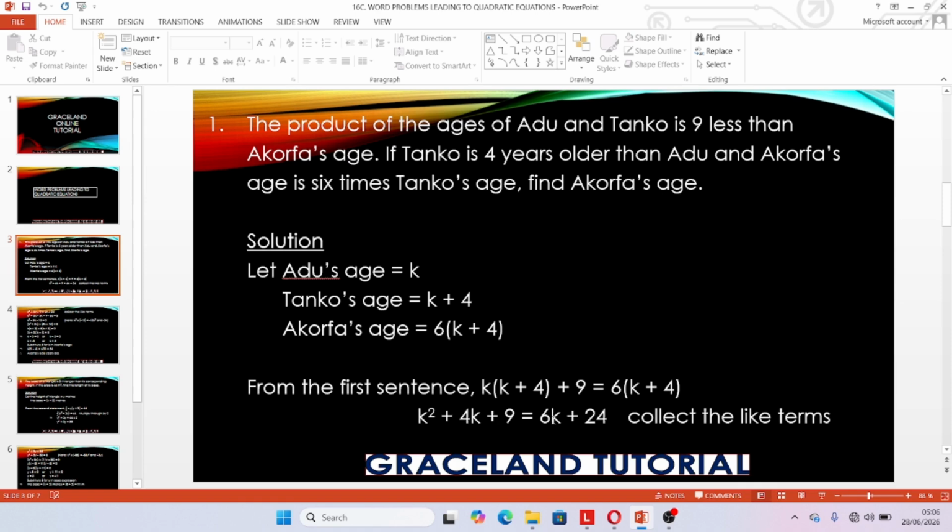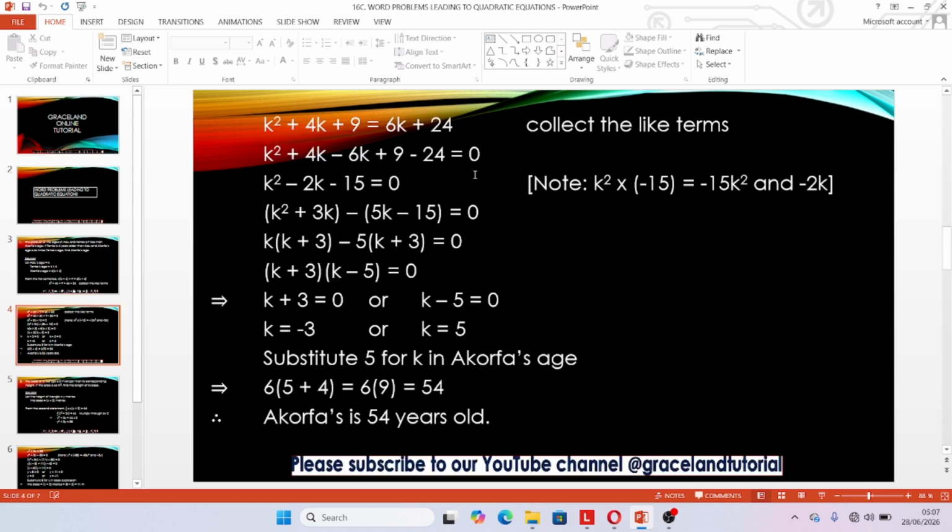Now let's expand the equation. We have K times K, K squared, K times plus 4, plus 4K, plus 9 equal to 6 times K, 6K, 6 times plus 4, plus 24. Now we collect the like terms, which is going to be K squared plus 4K, then plus 6K.